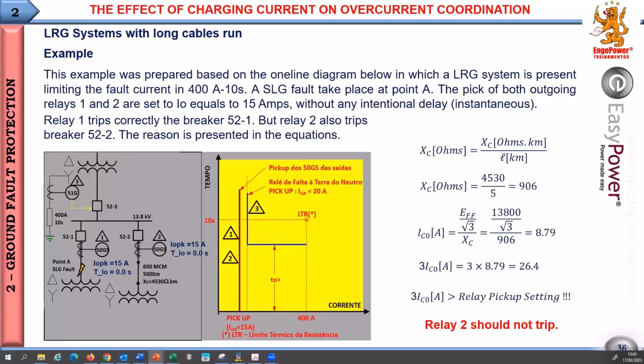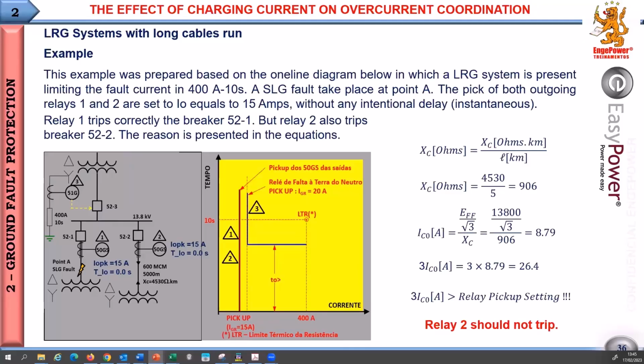This cable is 600 MCM, 5 kilometers. The capacitive impedance given in the manufacturer's cable parameters is 4,530.